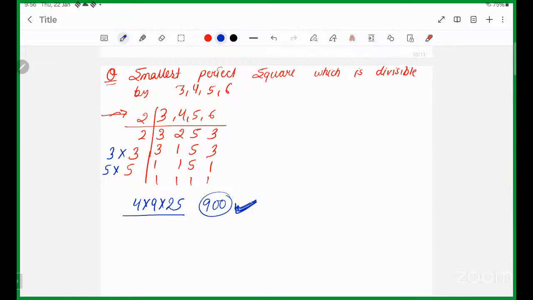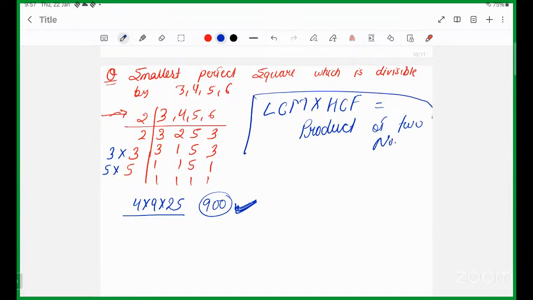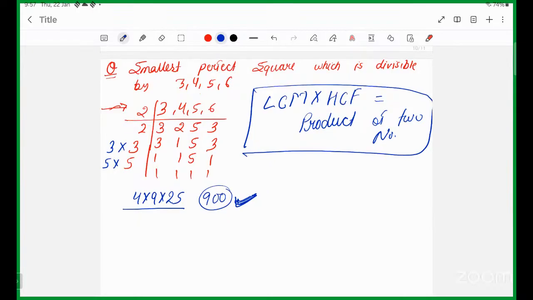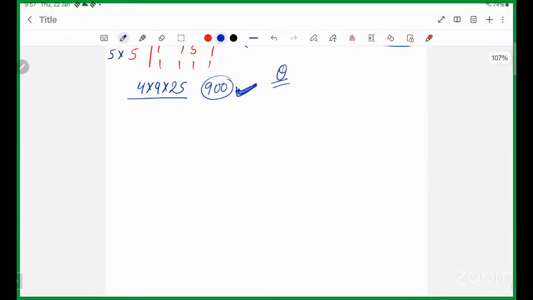Okay. And there is one formula for this: LCM into HCF is always equal to the product of the two numbers. You can take an example.